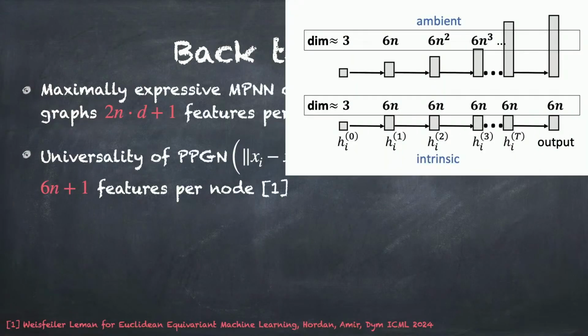And here is also an interesting place where this idea of intrinsic dimension is helpful. If you do some sort of graph neural network message passing procedure, and you start out with features of dimension 3, maybe after the first iteration you get to dimension 6n, but a priori it would seem like the second iteration you would get to 6n squared, etc. So every time the dimension should grow.